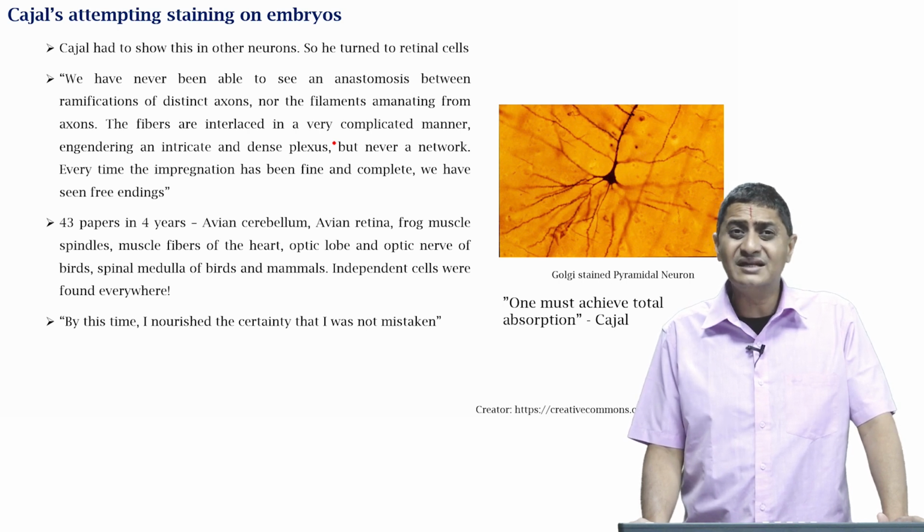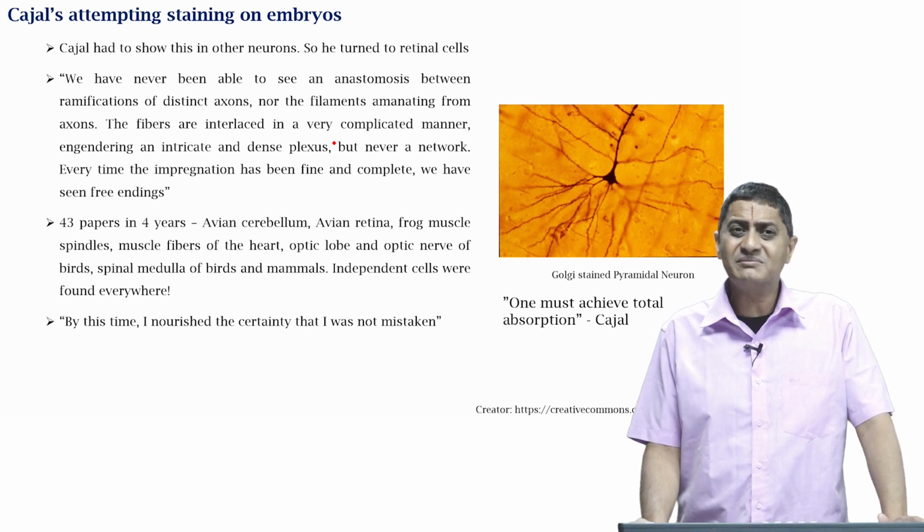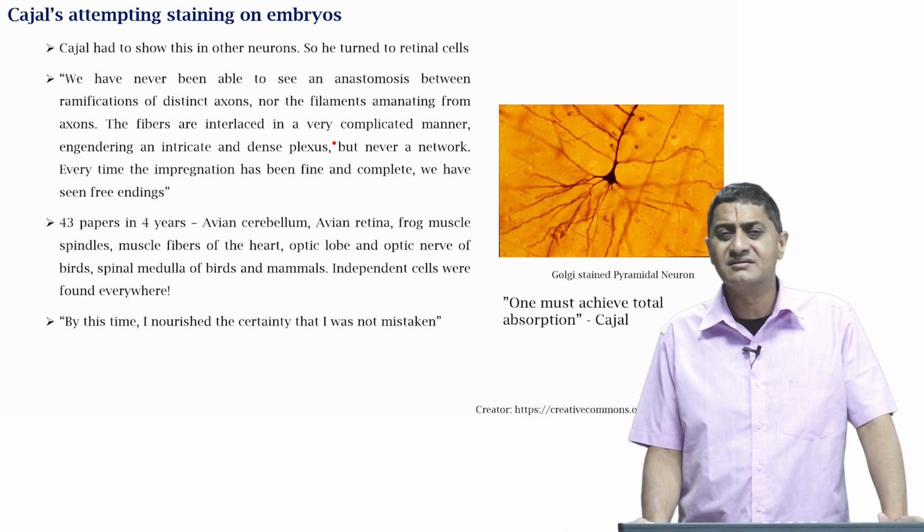The fibers are interlaced in a very complicated manner, engendering an intricate and dense plexus, but never a network. Every time the impregnation has been fine and complete, we have only seen free nerve endings.